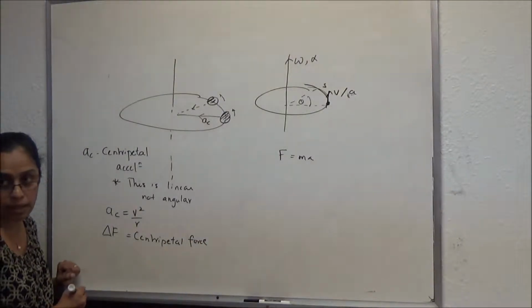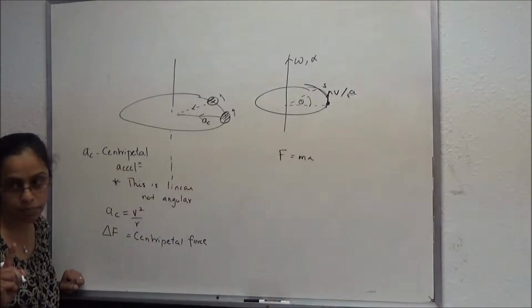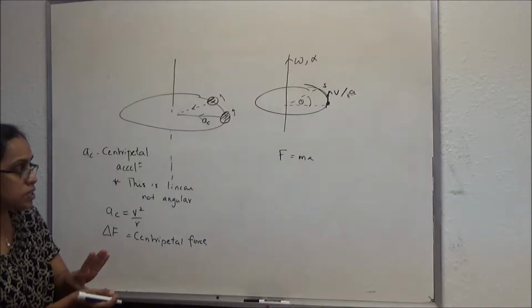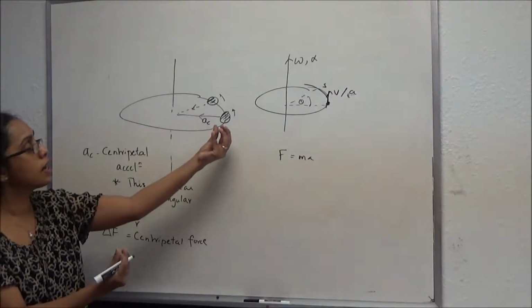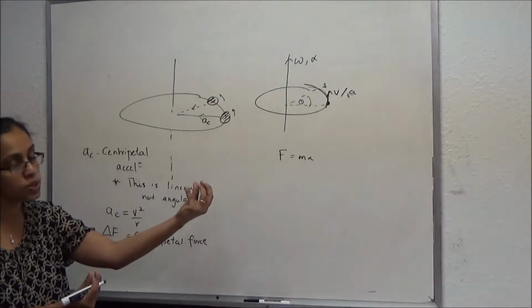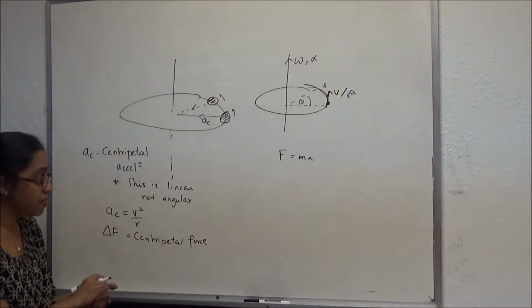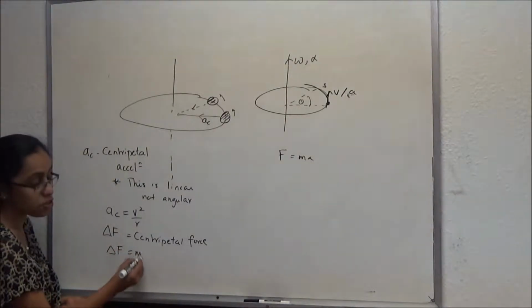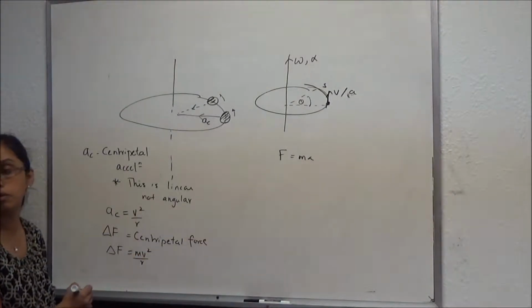Now don't ask me what centripetal force is, I'm going to talk about it next. Whatever force is giving an acceleration to the particle towards the interior is called the centripetal force. And this force is represented by mv squared over r.